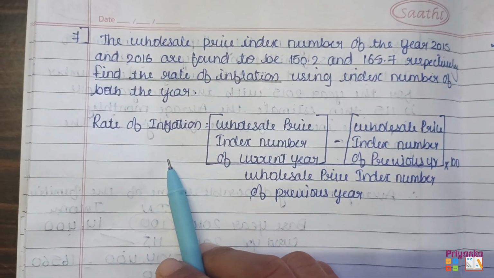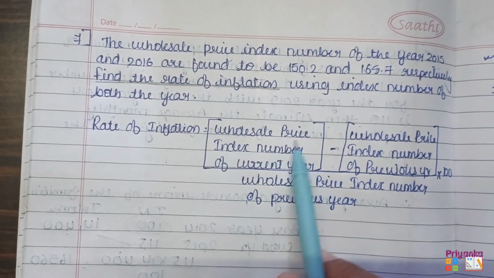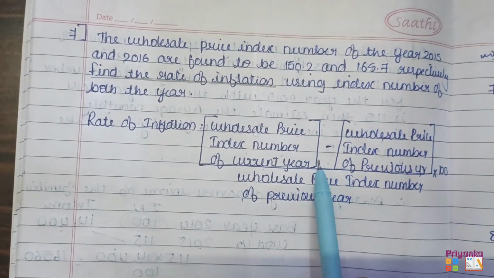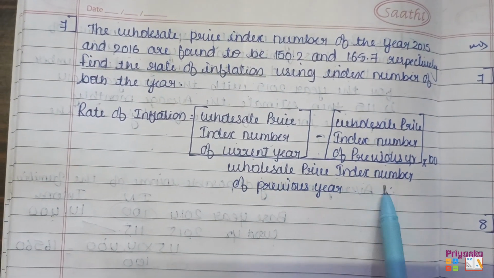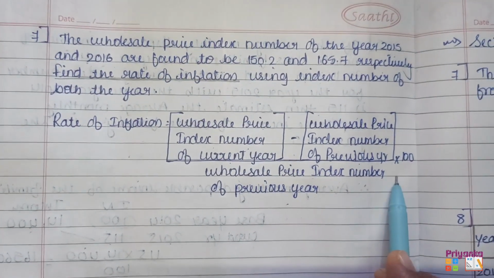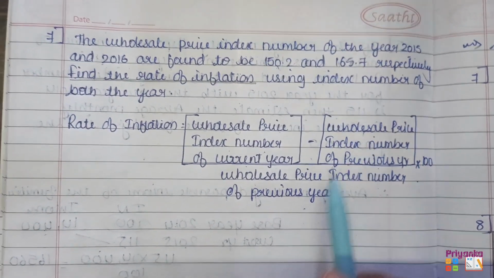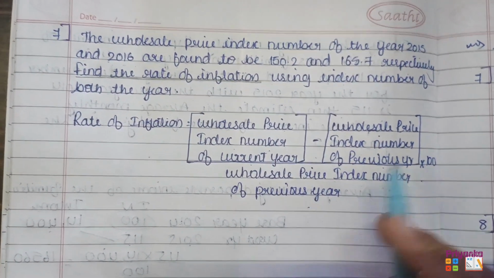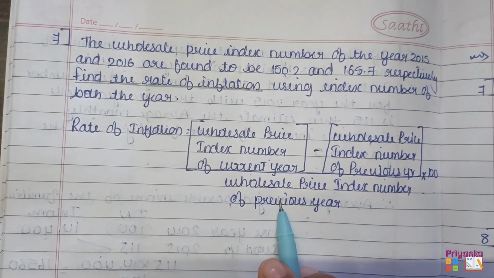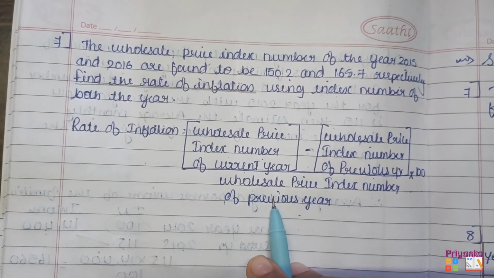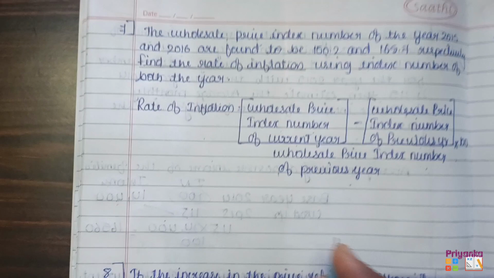Now here you can see the formula of the rate of inflation, very easy to remember: wholesale price index number of the current year minus wholesale price index number of the previous year, divided by the wholesale price index number of the previous year, multiplied by 100. The number which you keep for the previous year, the same has to be kept in the denominator, and multiply by 100. It is easy to remember, but remember this formula. If you don't write the formula, half marks will be cut in your board exam. So remember to write the formula.